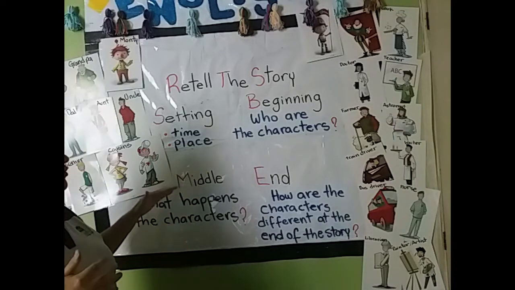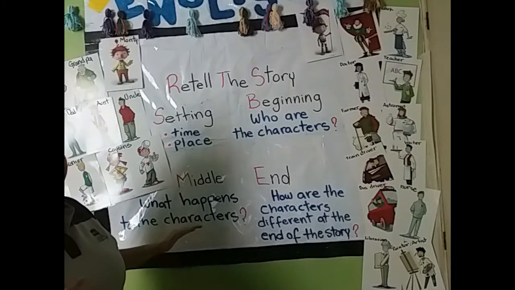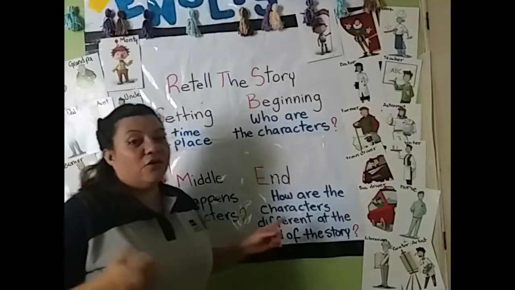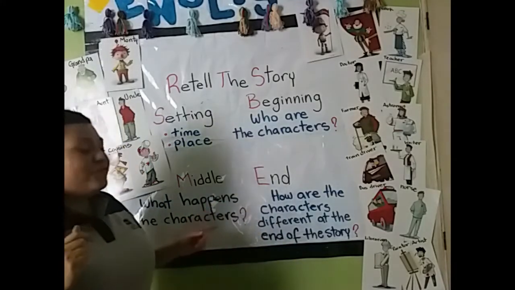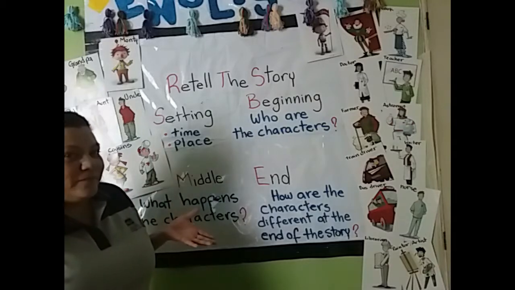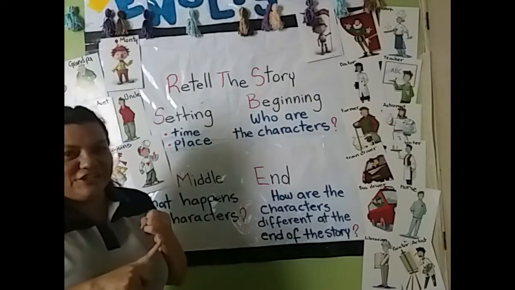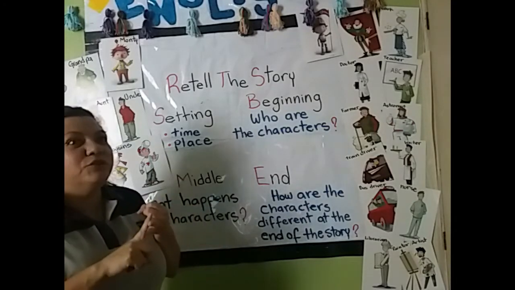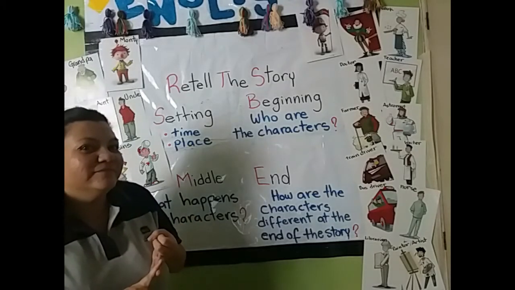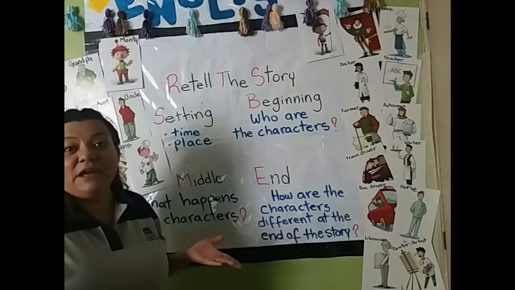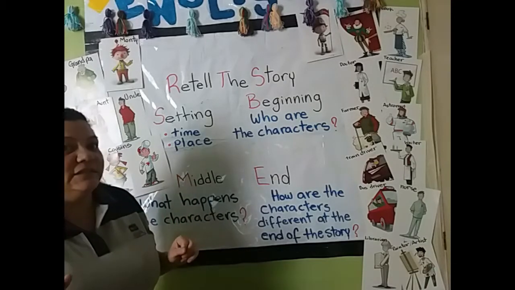So you have to describe this in the middle. In the end, we are going to describe how the characters are different at the end of the story. Have they changed? Have they resolved the problem or the conflict? Do we have a happy ending or a bad ending?